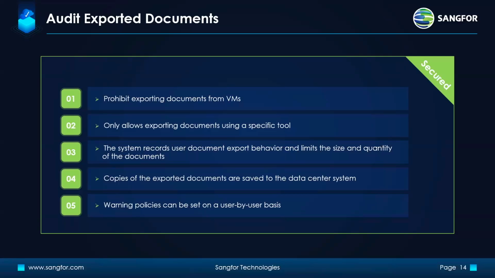A copy of each exported document is saved to the data center system. Everything he is copying or exporting will be saved in your data center, so you can see what file he exported. So from the audit point of view, you can have this audit feature.